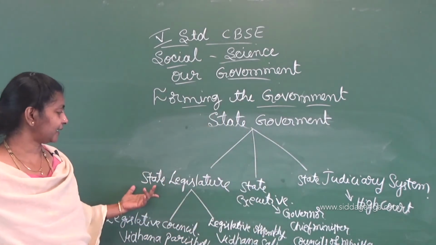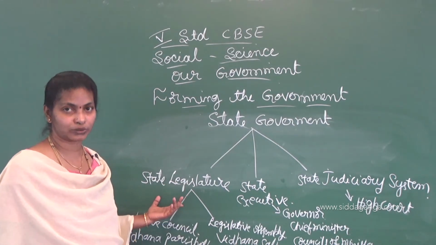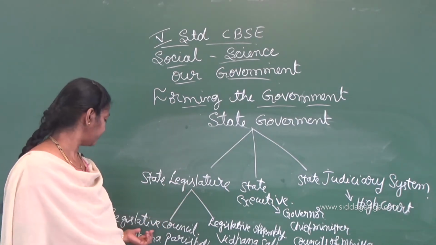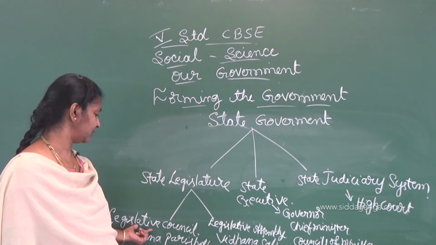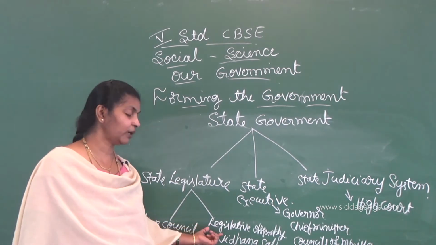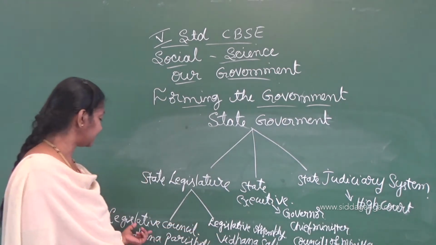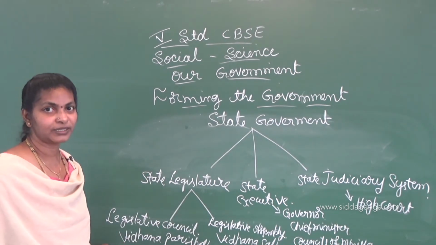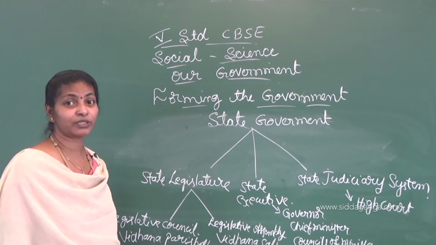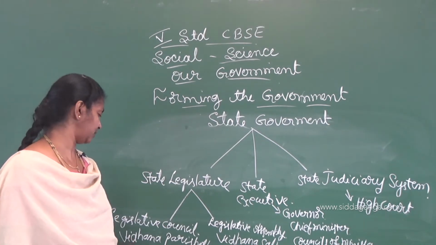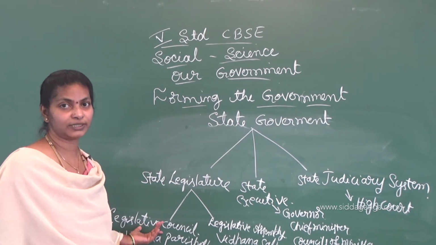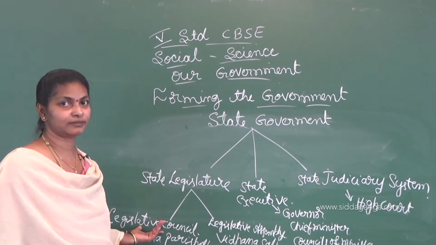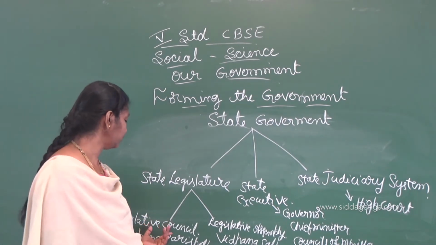So, in the state legislature there are two houses: the Legislative Council and the Legislative Assembly. The Legislative Council is also called Vidhana Parishad. Only some states have the Vidhana Parishad or Legislative Council. Only six states have Legislative Councils.